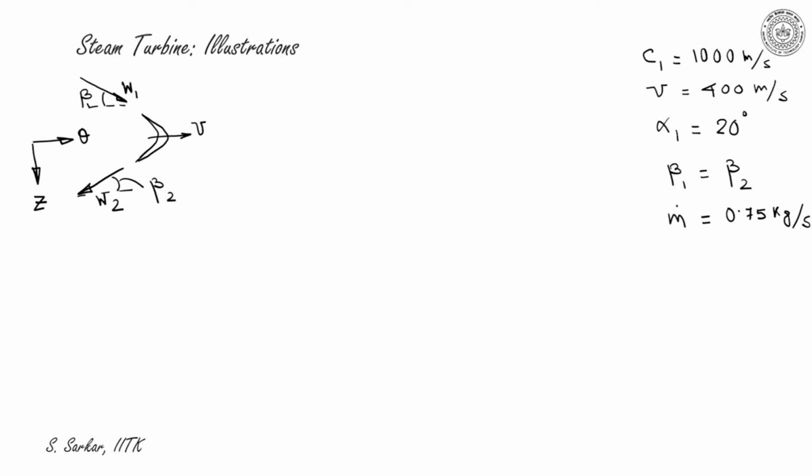Now let me draw the velocity triangle. So this is U, blade speed. W1 be the inlet relative velocity to the rotor. W1 and U would result in C theta 1.